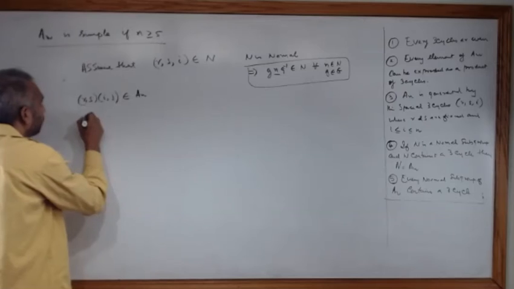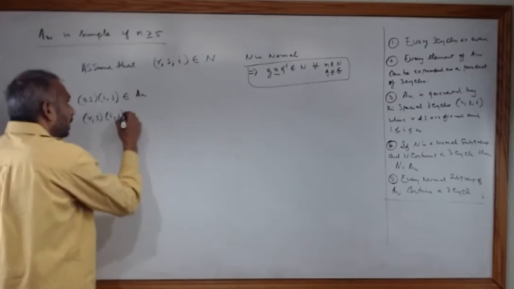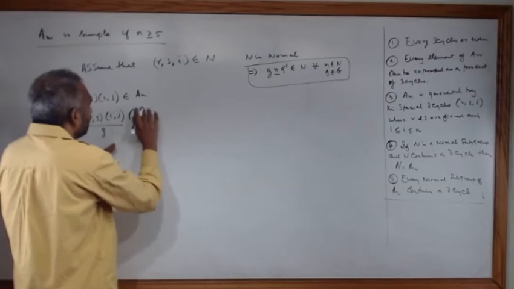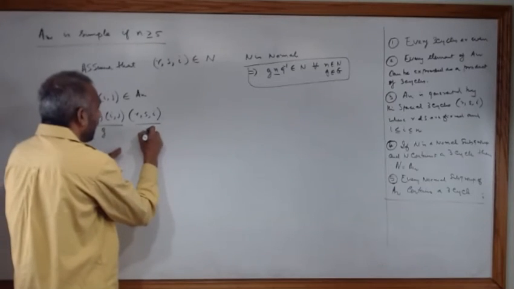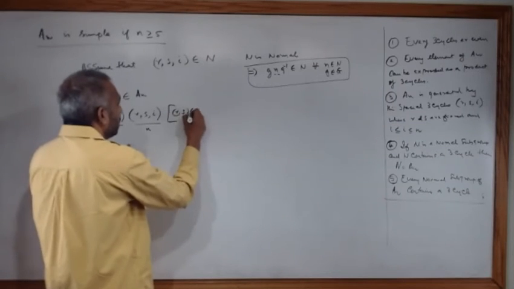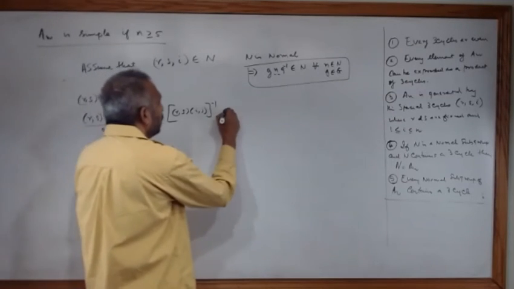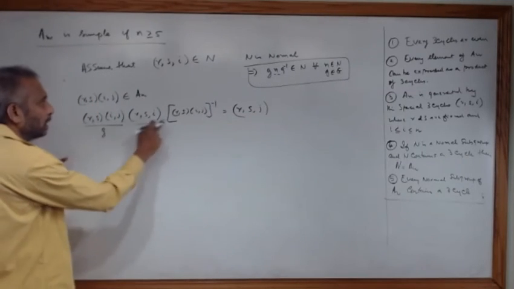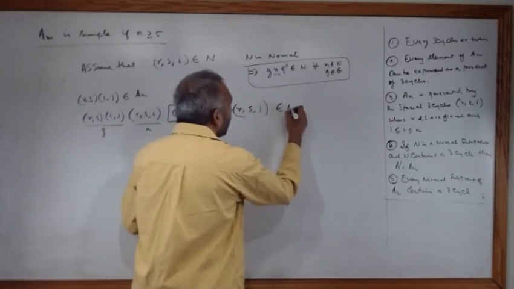So this implies that (R S)(I J) is our g, and our n is RSI, and g inverse is ((R S)(I J)) inverse. If you compute this one, you are going to get RSJ. I'm not going to do the computation here. I will leave it to you as an exercise. So this definitely belongs to N.